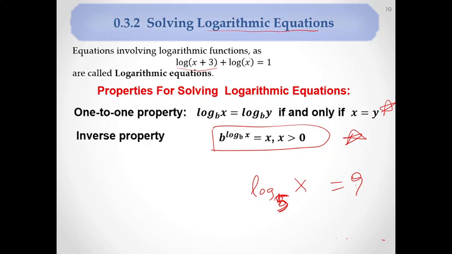The idea is to raise them to the power 5, so raise to this base. They will cancel out and you will get x equal to 5 to the 9th power. So you can see this one like b, log base b, and it's x. You can do this cancellation.